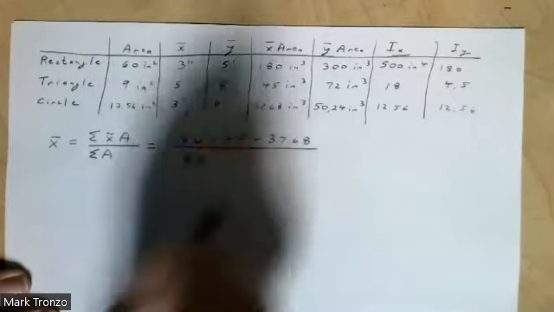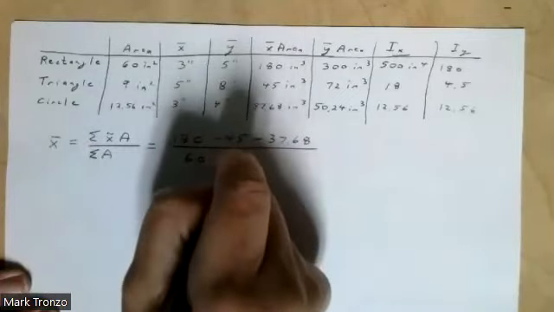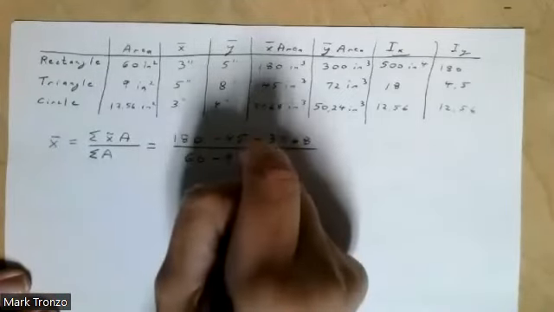And that's 60 for the rectangle. Once again, we're subtracting out the triangle, and we're subtracting out the circle.